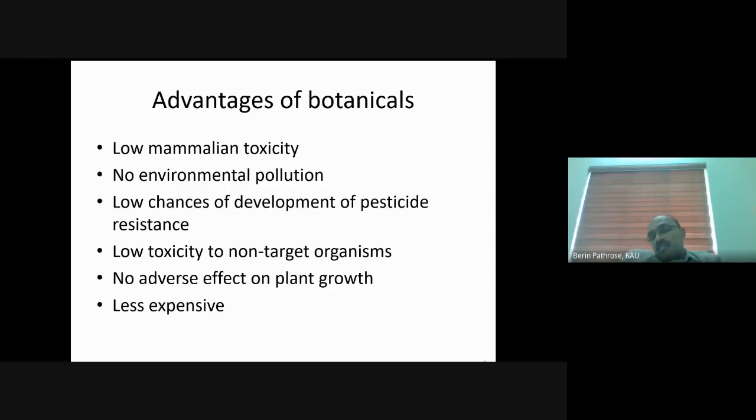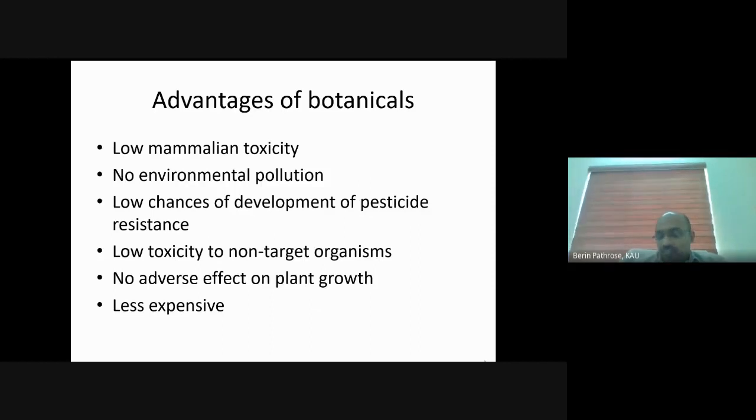A typical example is neem. The effect won't persist in the crop for more than 2 to 3 days. That's why for pest management with any neem-based pesticide, we have to go for repeated application. Usually we recommend farmers go for weekly application because it doesn't have any persistence at all. So the chances of environmental pollution are almost nil.